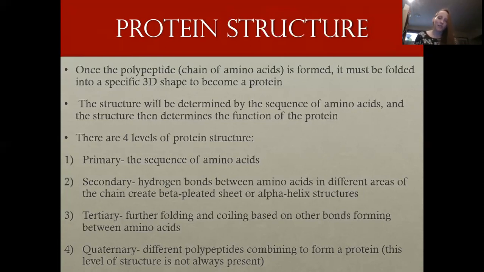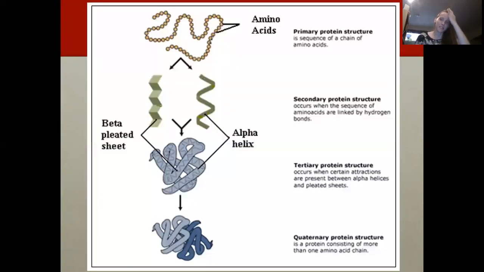And then the quaternary structure only exists for some proteins. Essentially, if you take 2 different polypeptides and attach them to make like a super protein, that is your quaternary structure. So this is kind of what that would look like. Just the order of all of our amino acids here is the primary structure.